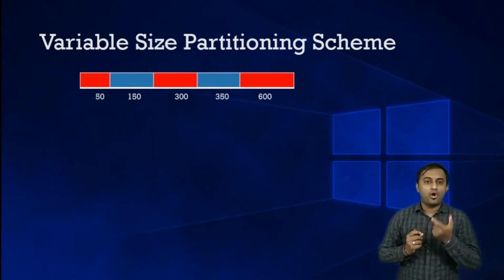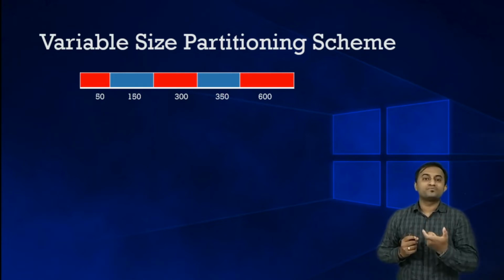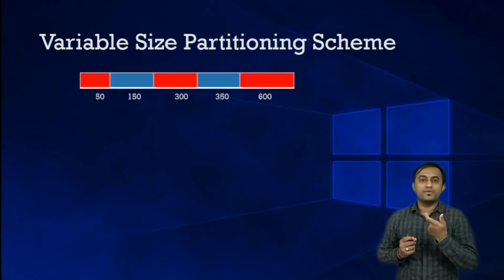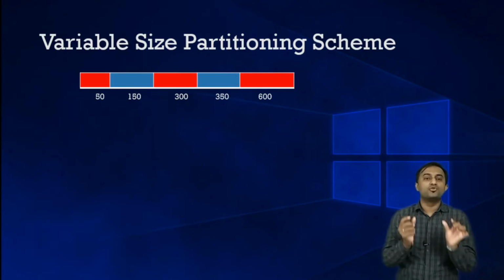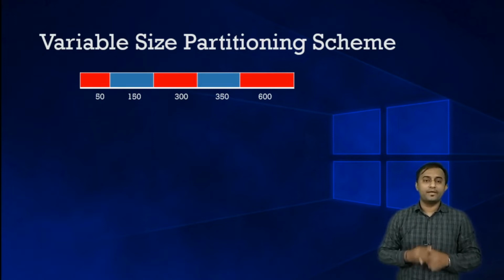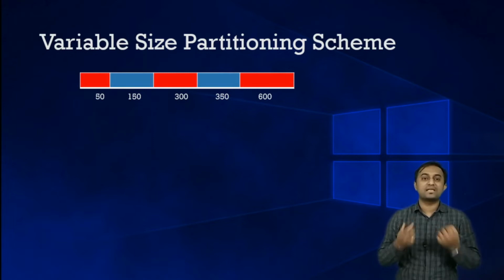The block which has 150 KB size, and the other one is the block which contains 350 KB size. These two blue blocks are available to satisfy the upcoming request. Now we are going to have different types of requests in terms of size as far as different processes are concerned.